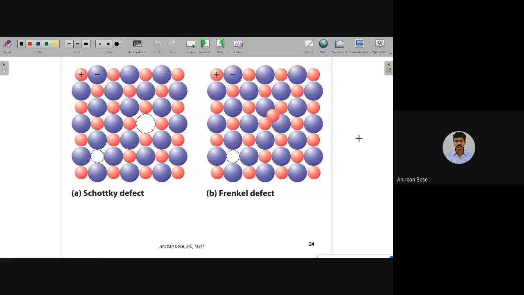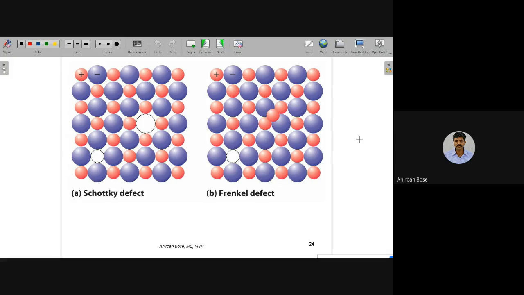This is a basis at the lattice points, and in this way the crystal structure is created. In this diagram the cations are the smaller ones, the red ones, and the anions are the larger, negative ones.